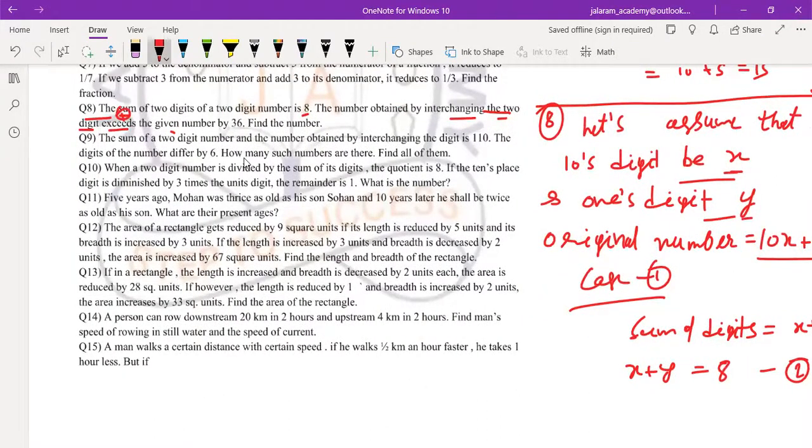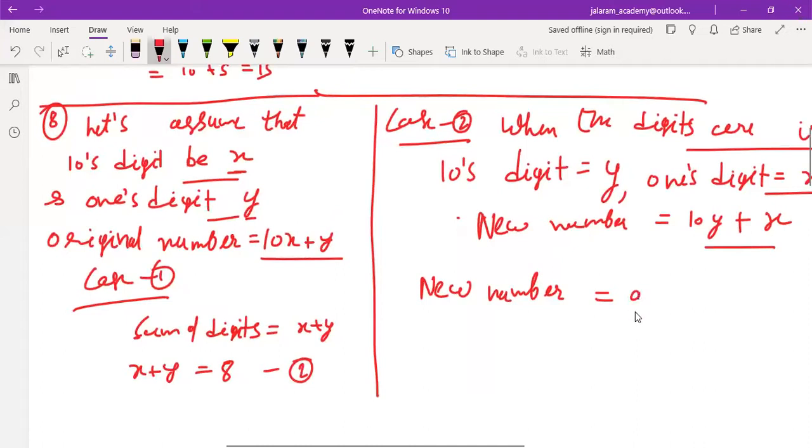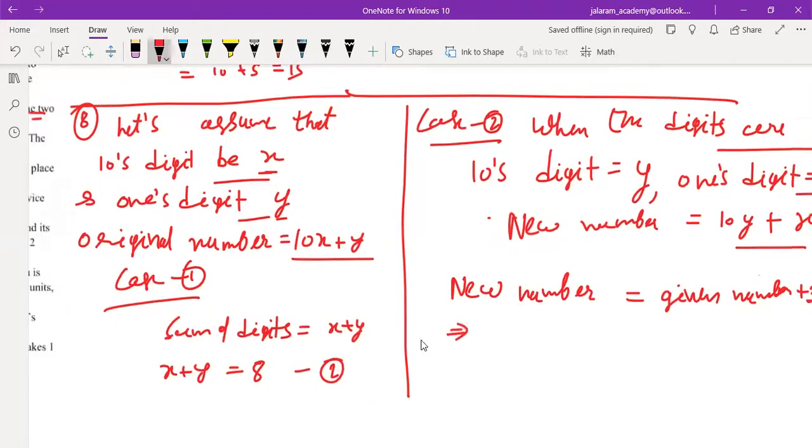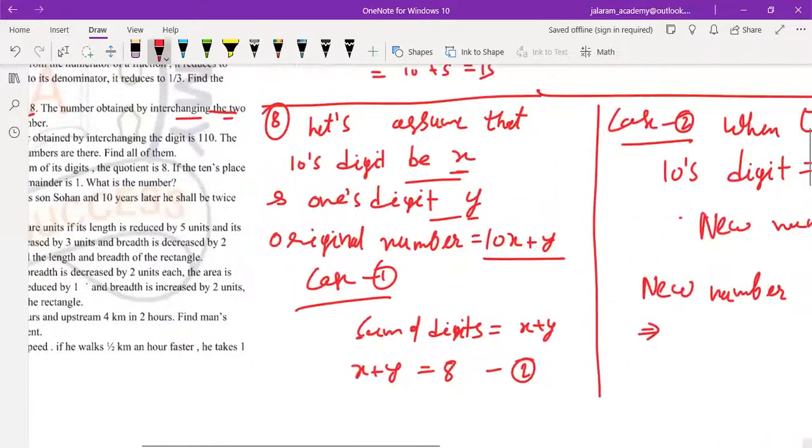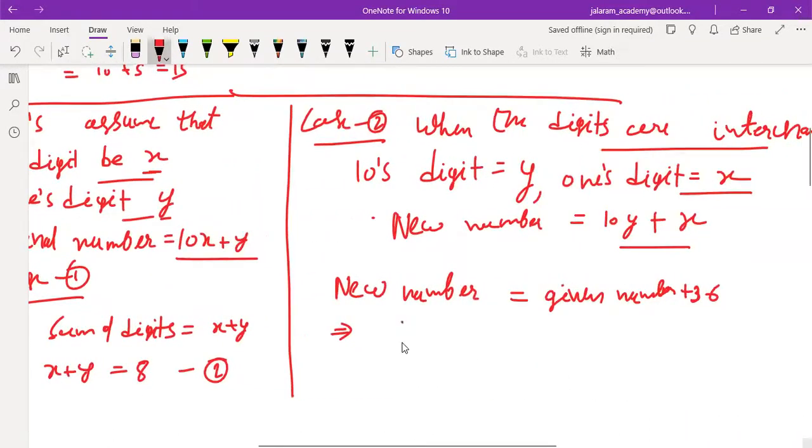The given number means the original number, and it exceeds by 36, means we write plus 36. So the new number we have obtained already, 10y plus x equals the given number, 10x plus y, plus 36.